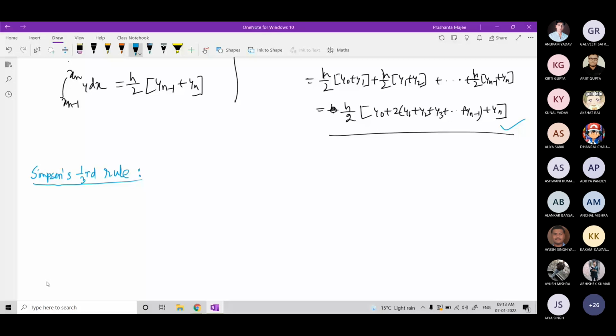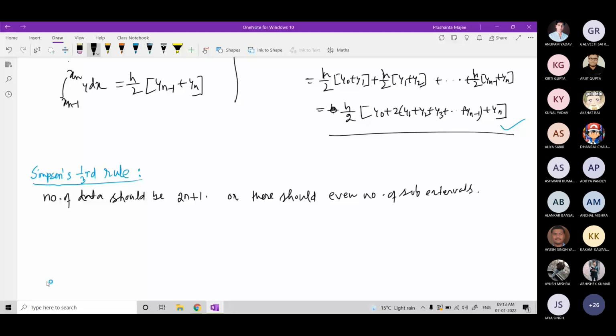So here, the number of data points should be 2n plus 1, or there should be an even number of subintervals. Then only you can apply Simpson's 1/3 rule.